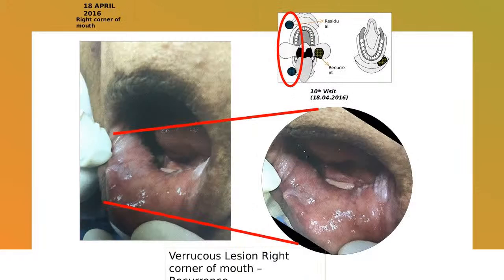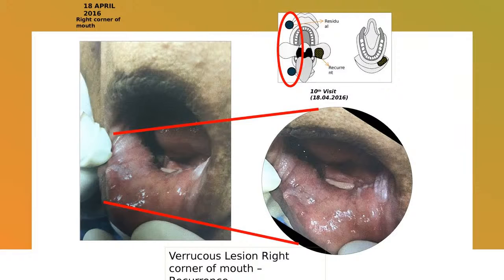Next. So this is in 2016. That was the last follow up that we've done, and these are lesions that are still there, which is a verrucous hyperplasia. And this is the right corner of mouth.